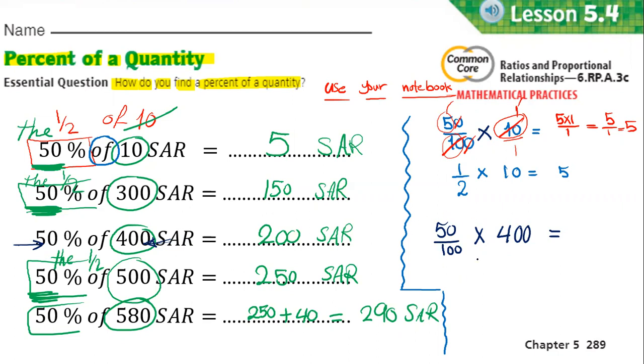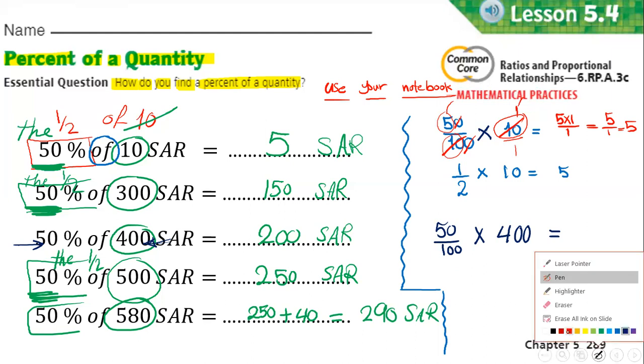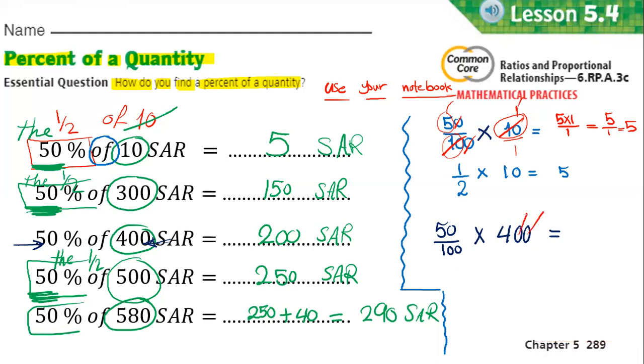I have zeros. Simplify the number of zeros from up with the same number of zeros from down. Can I simplify 2 zeros here with these 2 zeros? Yes, of course. 400 divided by 100 equals 4, and 100 divided by itself equals 1.